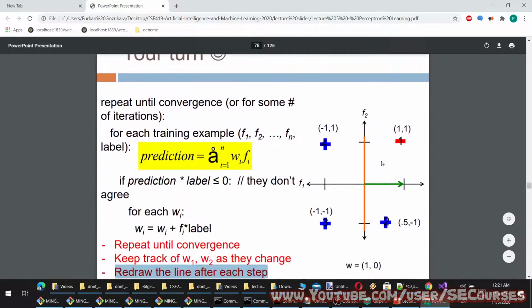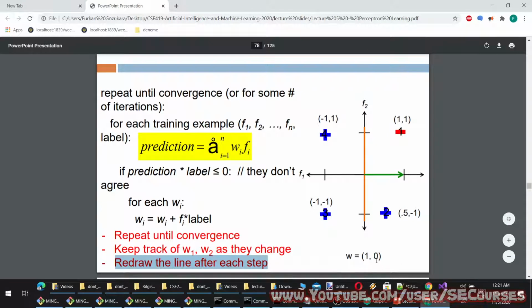So this is the beginning, and the beginning weights are 1 and 0. It can be randomly given, and we will try to make it converge or run it until a certain number of iterations. However, this can converge because a line, something like this, would separate all cases correctly.